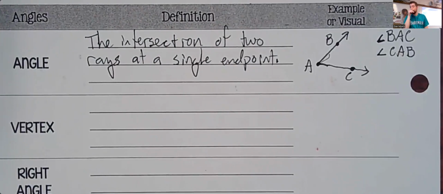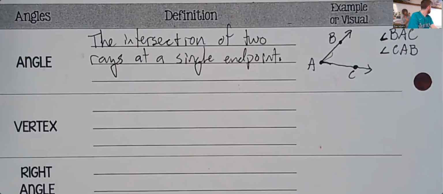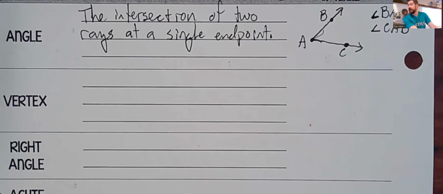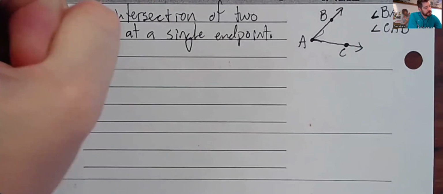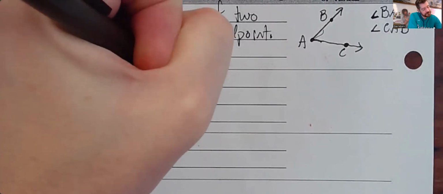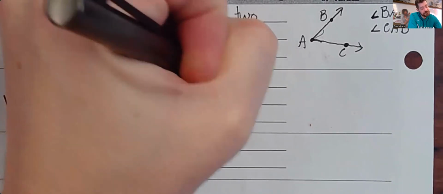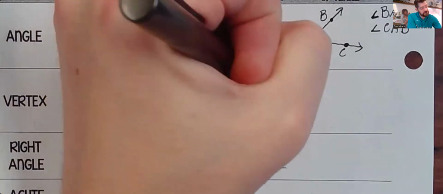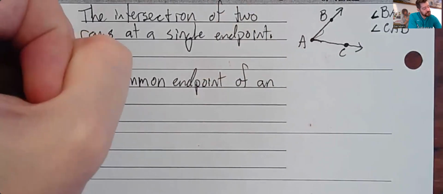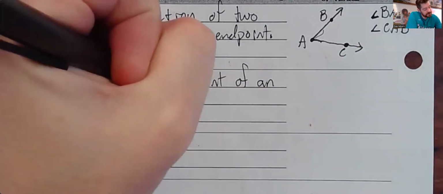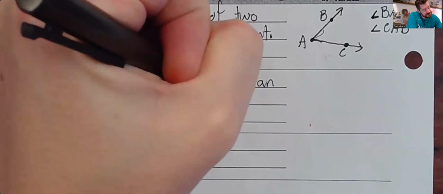All right, now vertex. I'll leave angle up there just in case you need to get that. All right, vertex is the common endpoint of an angle. It's where the sides intersect, or we could call this, I'll just say, the hinge point.